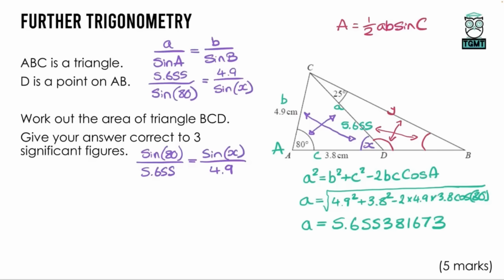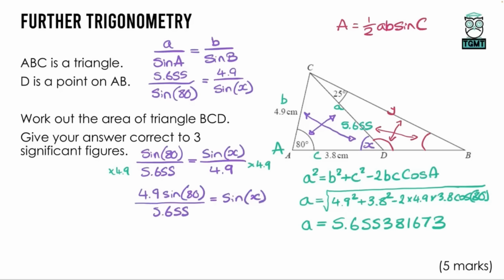To get sine x on its own, we need to multiply both sides by 4.9. And if we multiply both sides by 4.9, we'll have something we can type in our calculator and we will get that angle. So we have 4.9 sine 80, and that is over 5.655. That's equal to sine x.